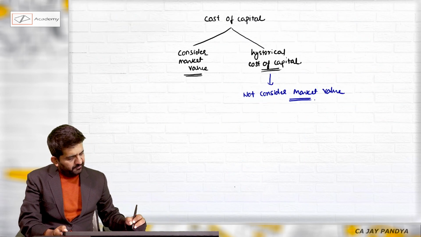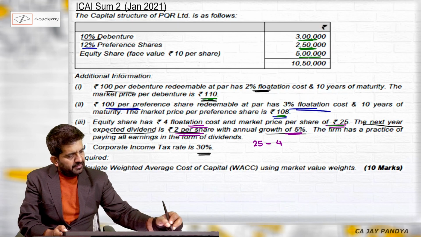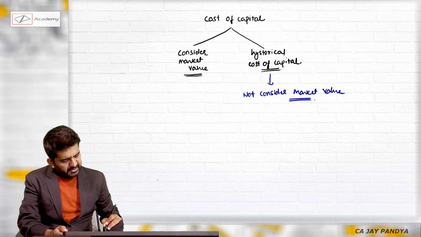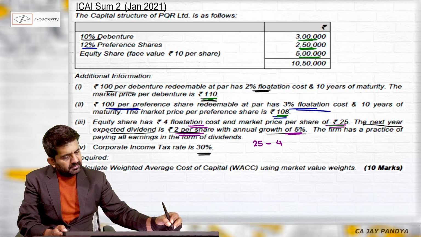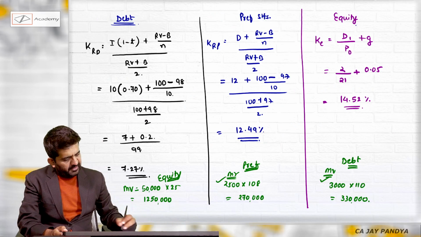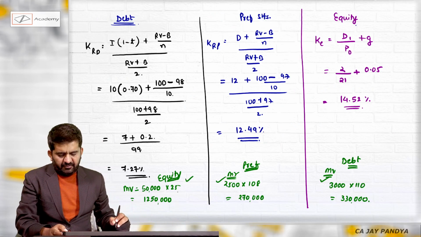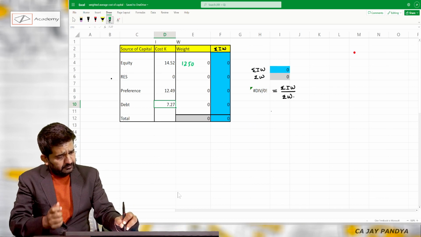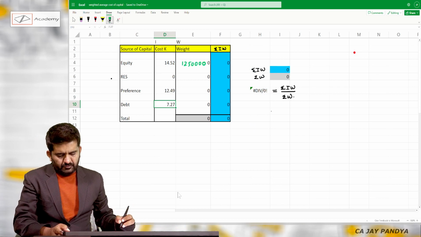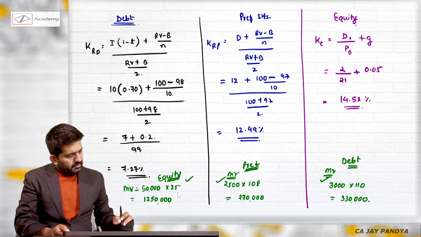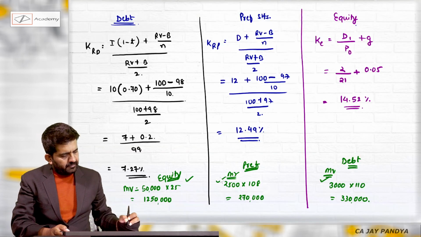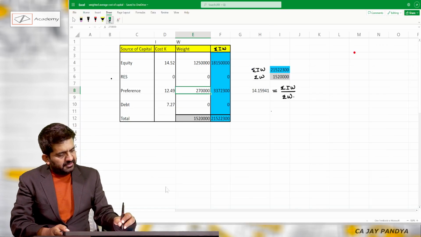Preference is 2,500 into 108. And equity is 50,000 into 25. Yes. So equity will be 12 lakh 50. Preference will be 2 lakh 70. And debt will be 3 lakh 30,000.